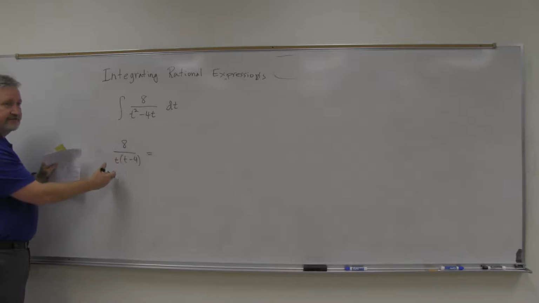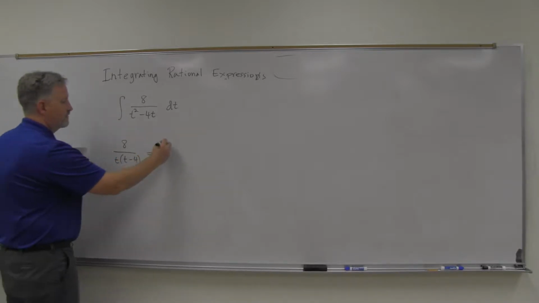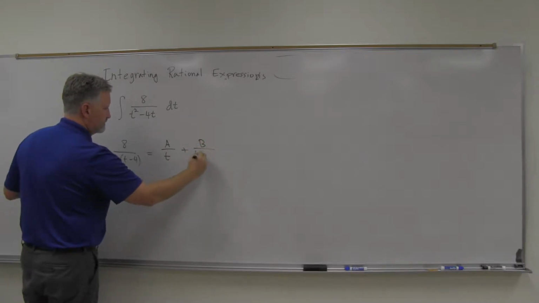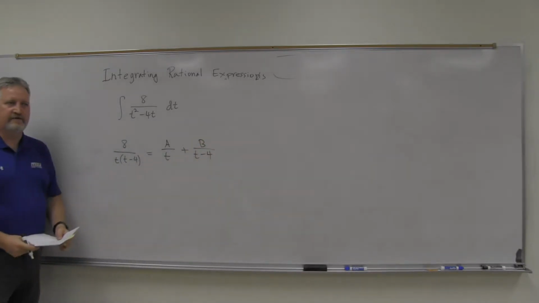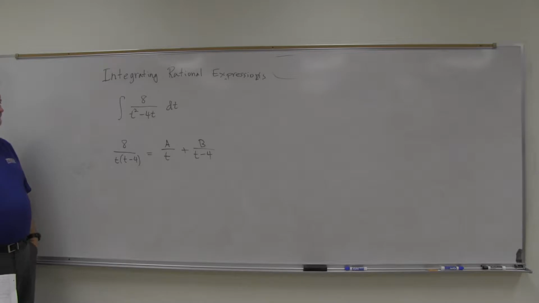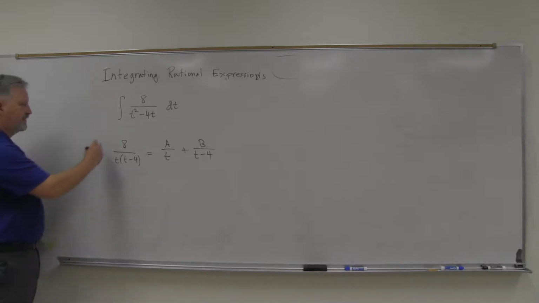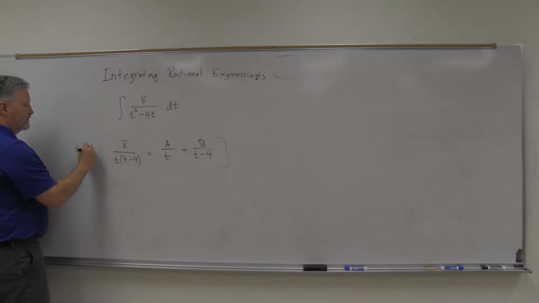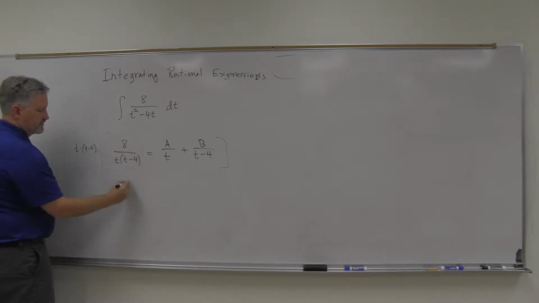So the right side, what do we do for the right side? Well, we put A over one part, A over t, and then B over the other factor of the denominator, t minus 4. And then essentially, we're multiplying both sides by t times t minus 4. So this side will just be 8.